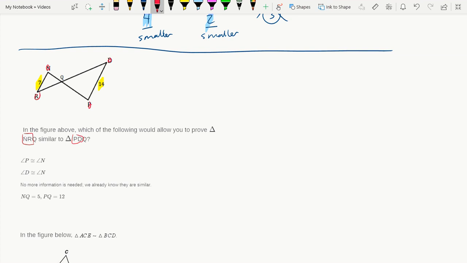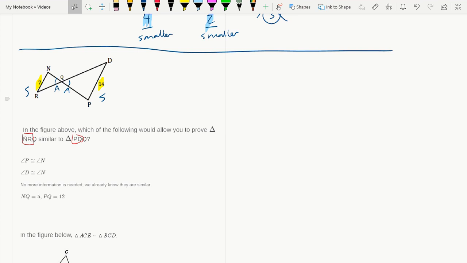Good, so those correspond to each other. Just the side is not enough for similarity, but I also have vertical angles. So now I've got side and angle in the middle, but I don't necessarily have a really easy way to connect the two.